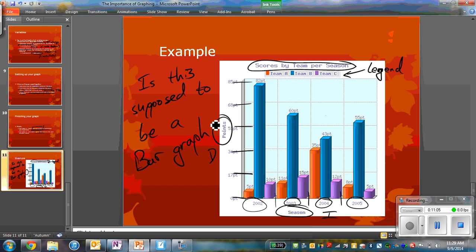Hopefully you got a chance to think about that. The answer is actually no. Why is that? Well, we're dealing with time here at the bottom. So because we're dealing with time, this should have been a line graph. Okay. So we'll do some more practice with this in class tomorrow, and then we'll wrap up the unit here.